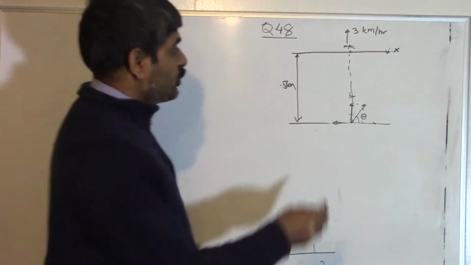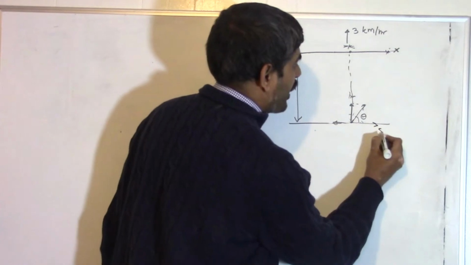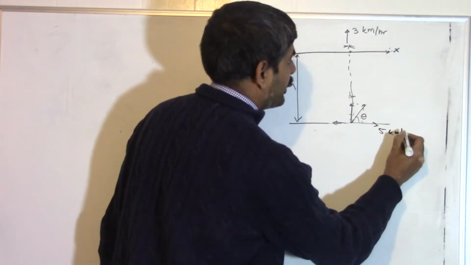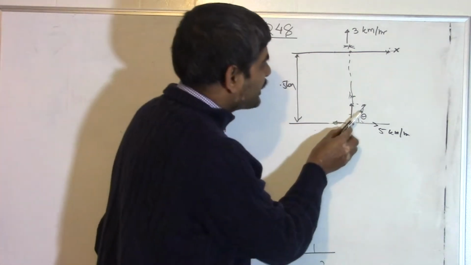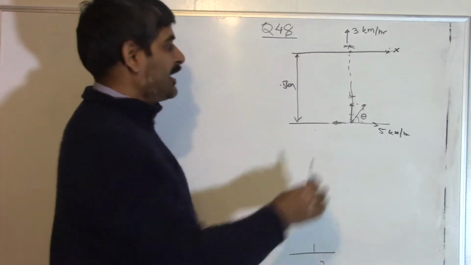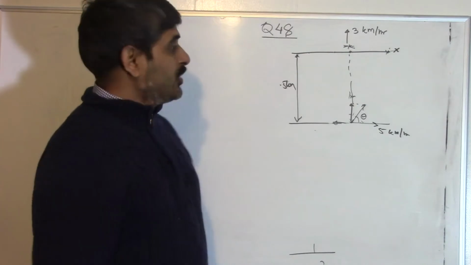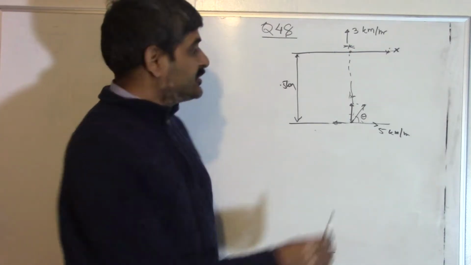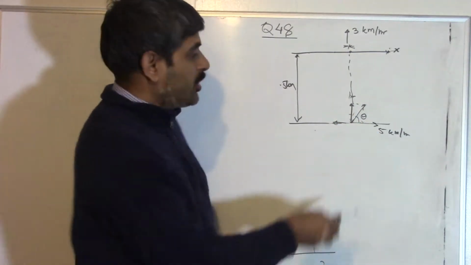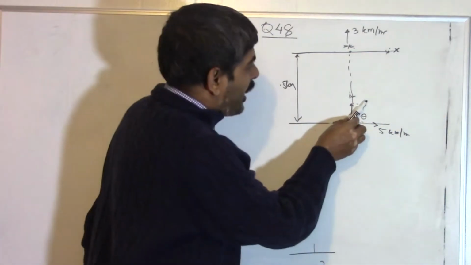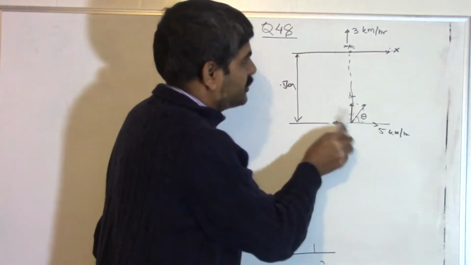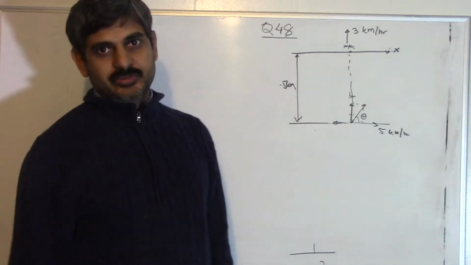Okay, so if the river is at 5 km/h, and let us say he starts at an angle of theta like this, what will happen is that his drift is going to be more, because the river is making him flow in this direction, and a horizontal component of his velocity is also making him move in this direction.